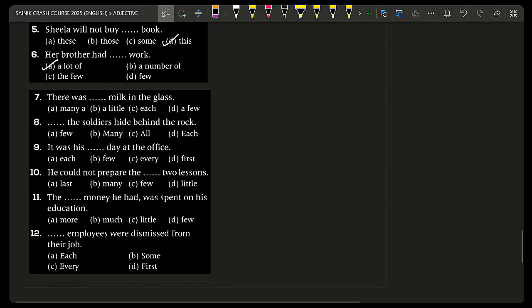Yes, Samatrika, read the seventh question. Samatrika, are you there? Yes, sir. Read the seventh question. There was dash milk in the glass.